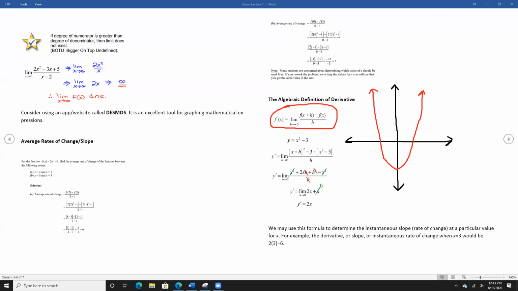For example, let's say that I would like to know the slope when x takes on 3. Well, if I plug in 3 for x, 3 squared is 9, and 9 minus 3 is 6. So if x is 3, then y is 6. So that's going to be our point here.